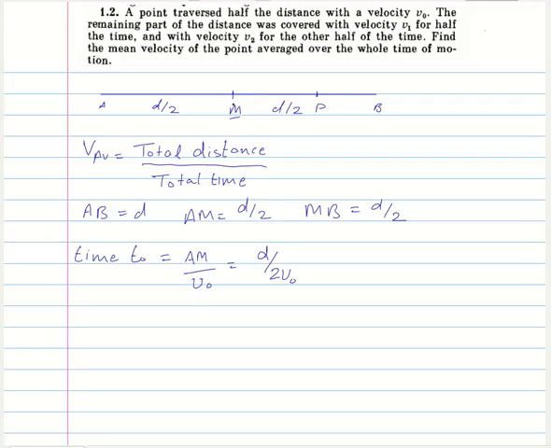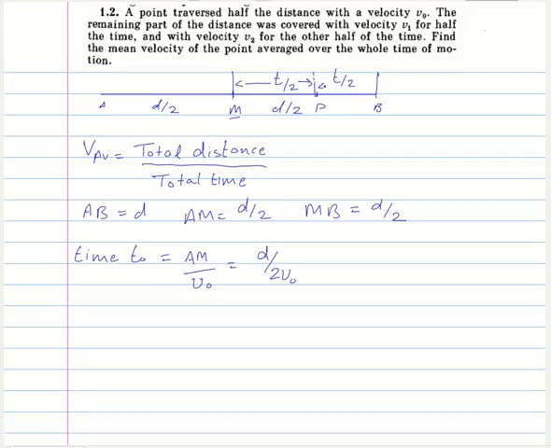Now between MB, again this has been divided into two stages. One is some time t by 2, that is half the time, and half the time.